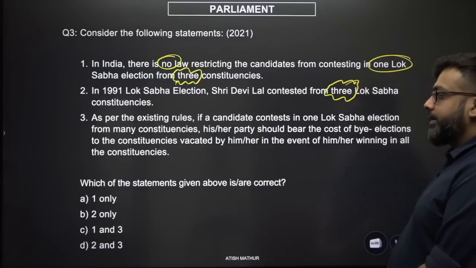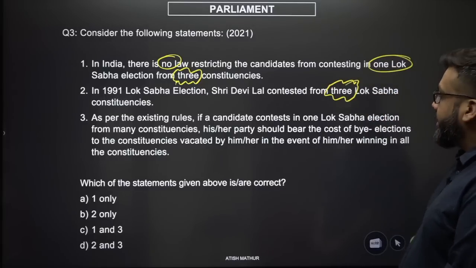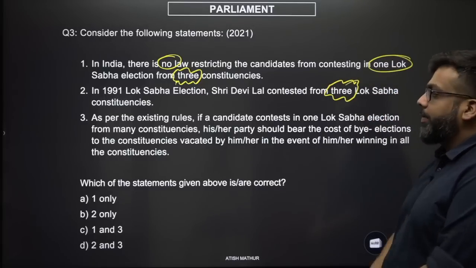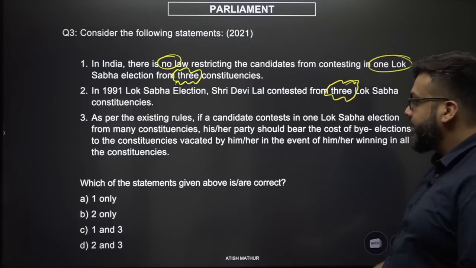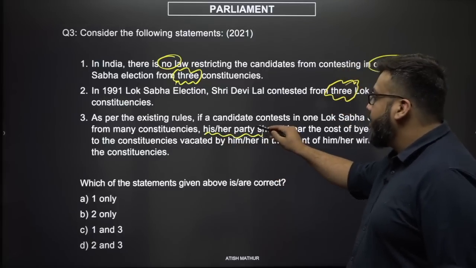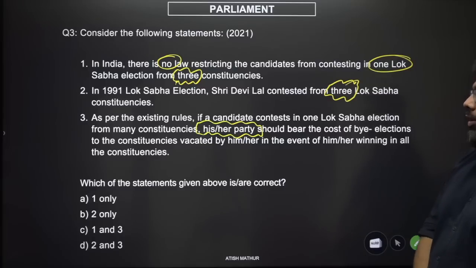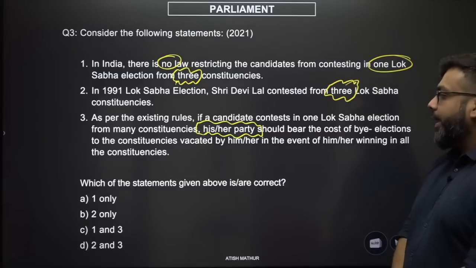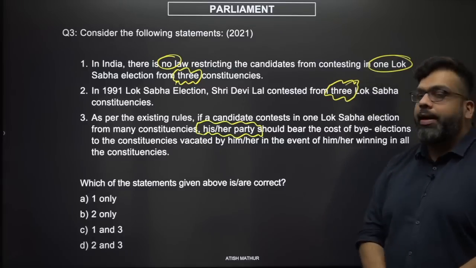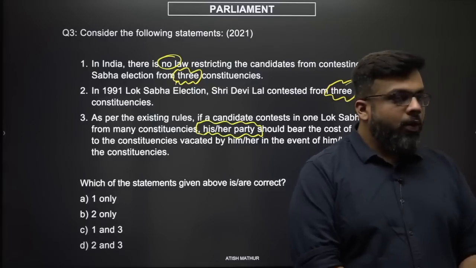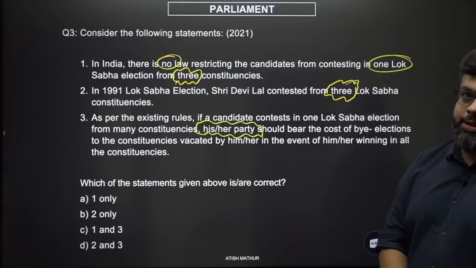Statement 3. As per the existing rules, if a candidate contests in one Lok Sabha election from many constituencies, his or her party should bear the cost of by-elections to the constituencies vacated by him or her in the event of him or her winning in all the constituencies.